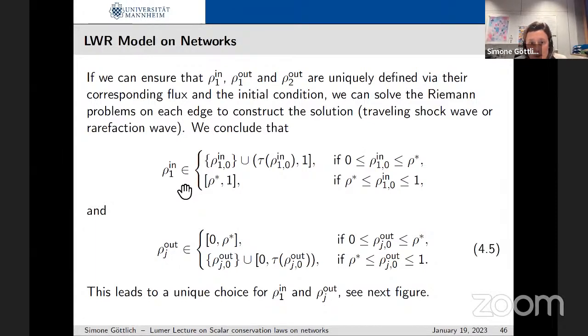Now we have the fluxes, and we are interested in determining the two values rho in and rho out. This can be done and leads to a unique choice for both of these values. How to do that? Maybe we can have a look at the picture again.